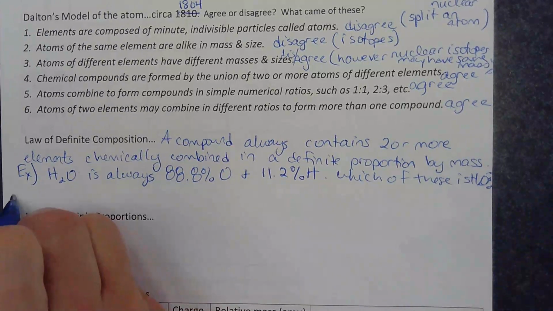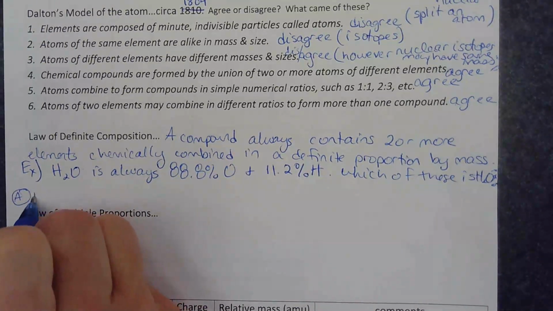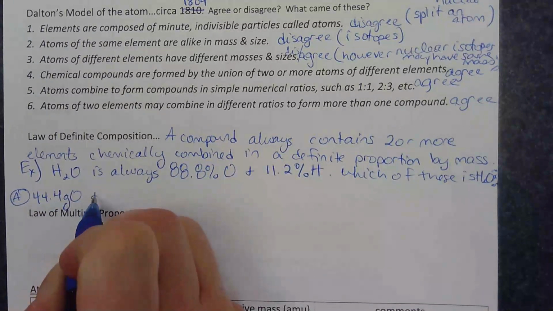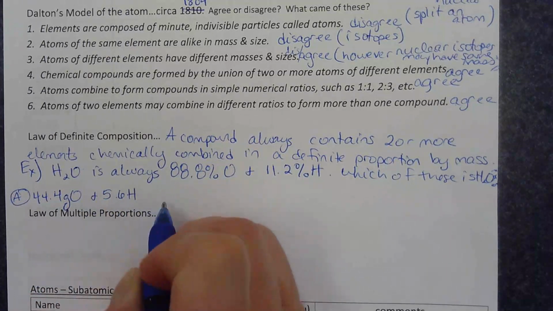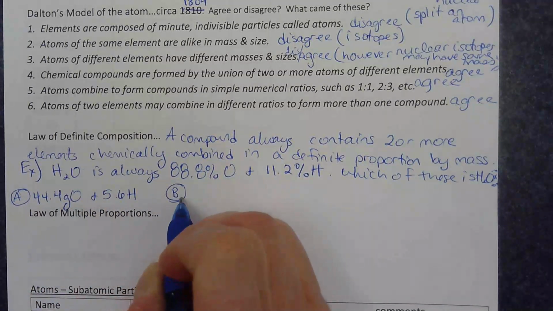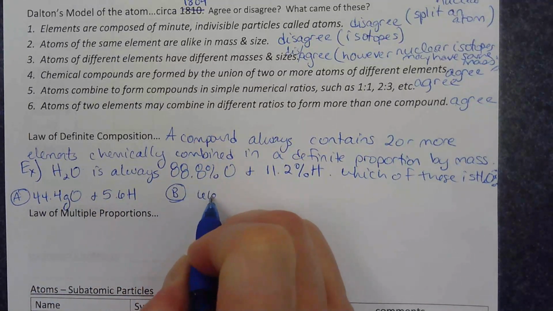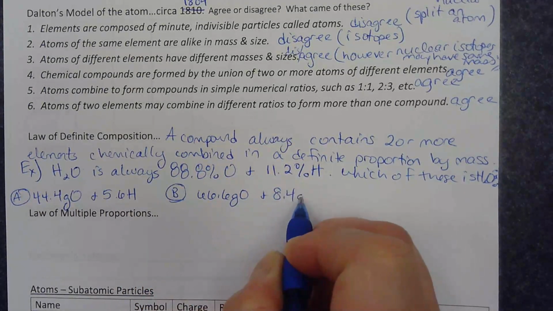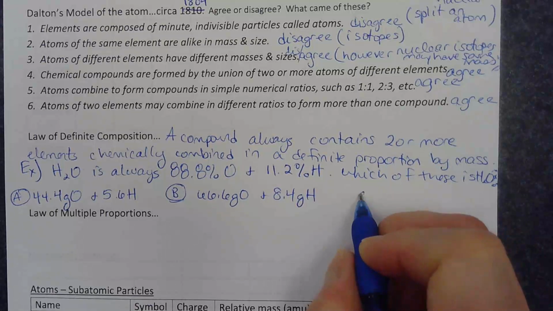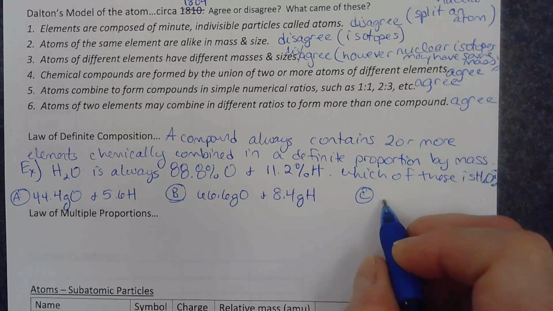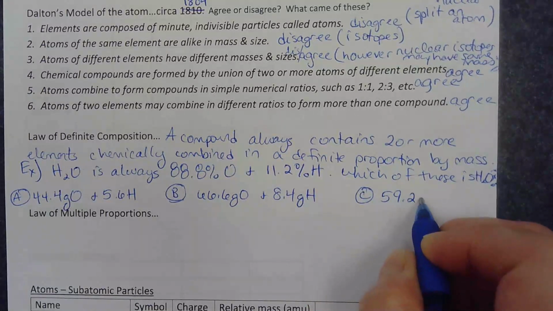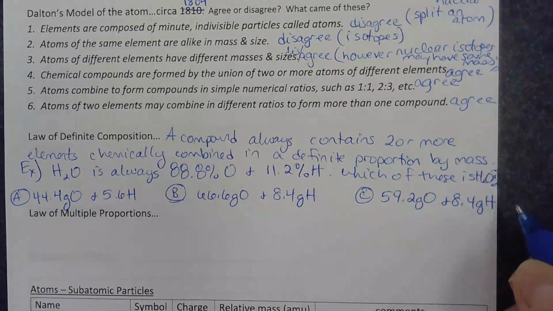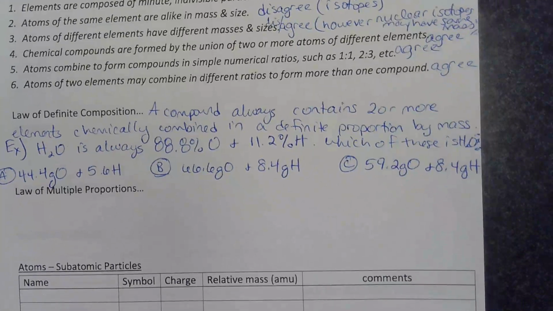Which of these is water? A, which is 44.4 grams O and 5.6 grams H. B, which is 66.6 grams O and 8.4 grams H. Or C, which is 59.2 grams O and 8.4 grams H. Which of those is water?